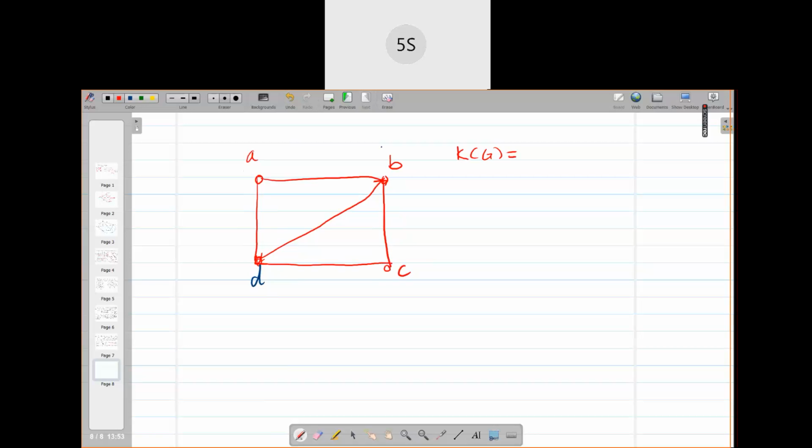B and D. If I delete the vertices D and B, if I delete D these three edges go away, and if I delete B these three edges go away. Is the graph disconnected now? Yes. So what is the vertex connectivity of this graph? 2, right? The vertex connectivity of this graph is 2.